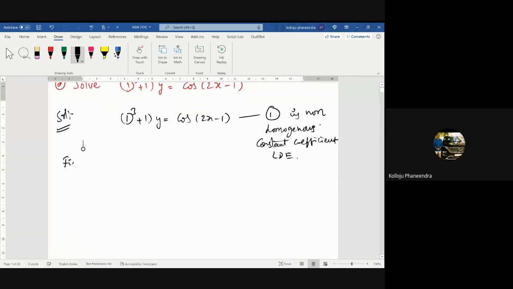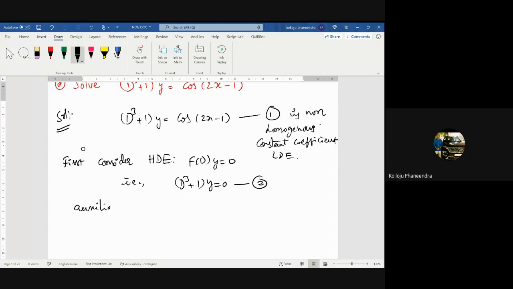First consider the homogeneous differential equation F(D) y = 0, the right side function being 0. That is (D³ + 1) y = 0, equation 2.